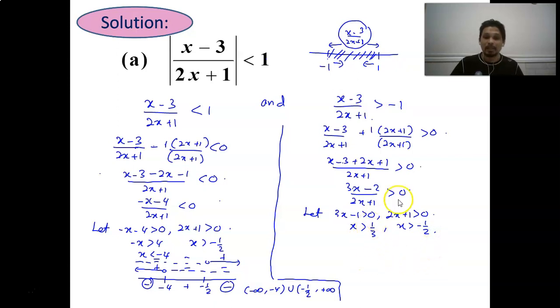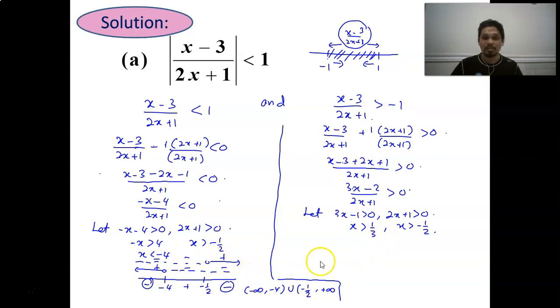Okay, and on this side, do you find any term of n or o here? No. Okay, there is no term of n or o.